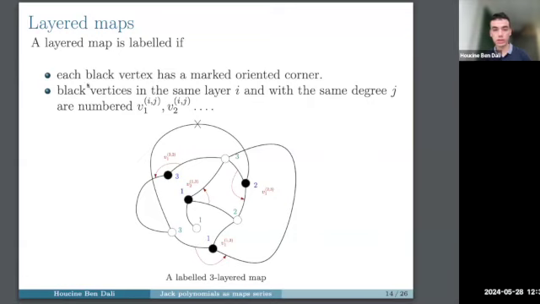This is the second line, and the first line is to mark one corner in each black vertex. Here we have 4 black vertices and 4 marked corners. I see. Thank you.